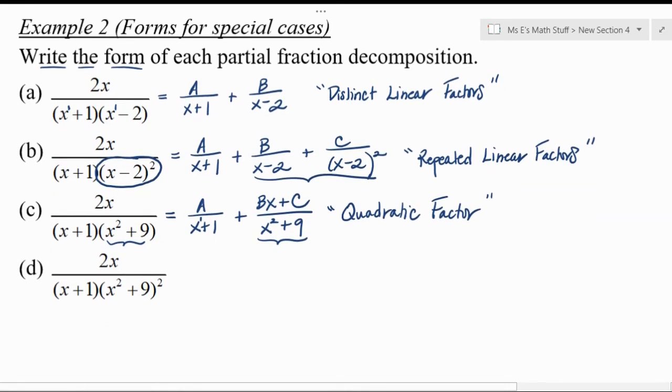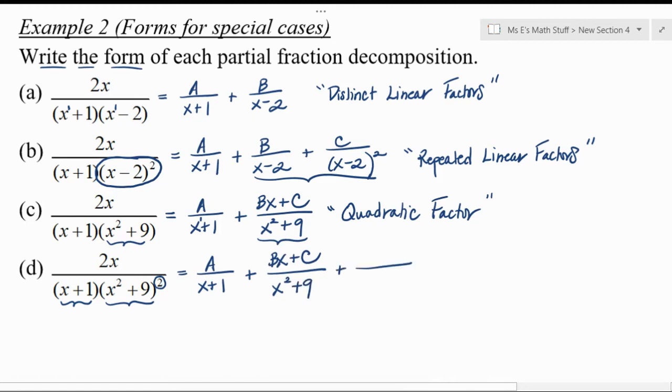Now for part D, you have a linear factor, and then you have a repeated quadratic factor. So the form would be a constant, which is degree 0, over the degree 1 part, plus you'd have a generic linear over the quadratic, so degree 1 over degree 2.